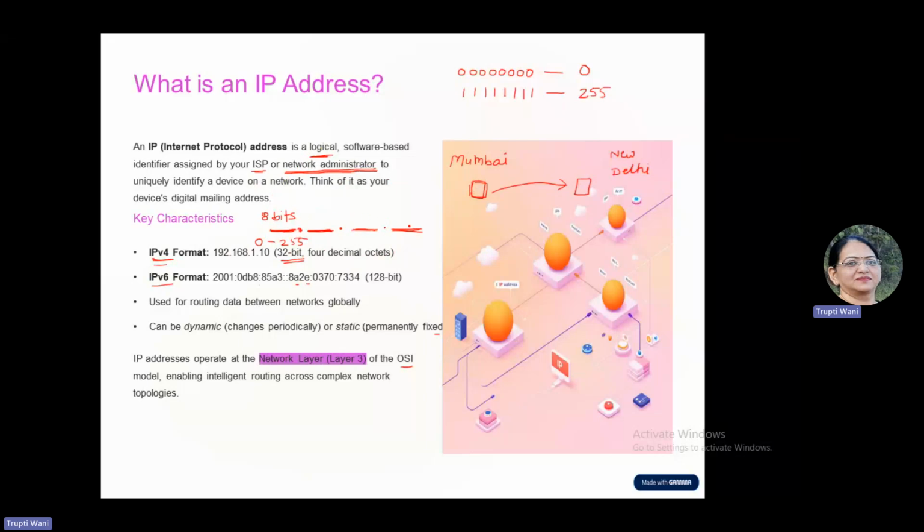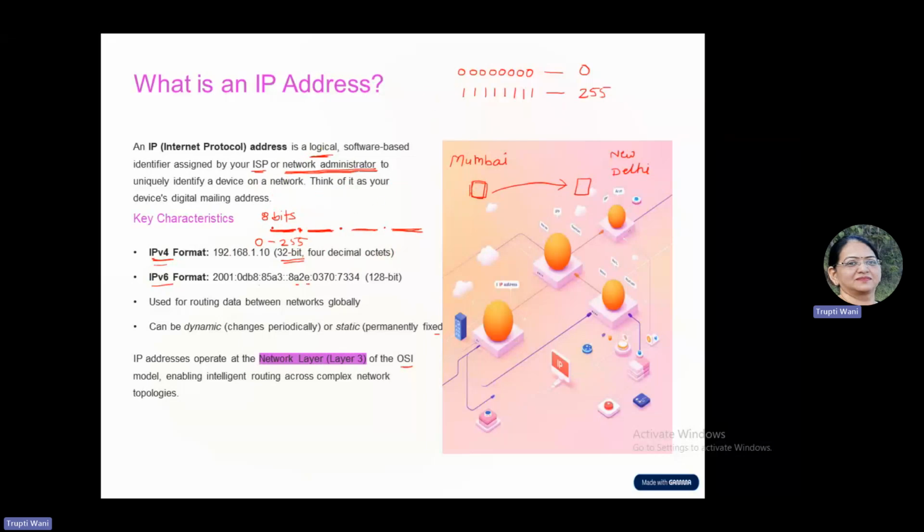This is called a binary representation. We can write in decimal representation also. All the four numbers can be written as decimal numbers separated by dots, and they range from 0 to 255. Why is this so?